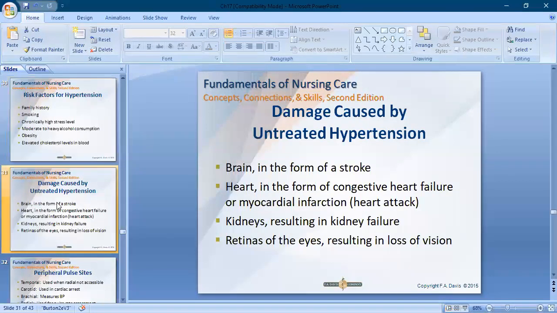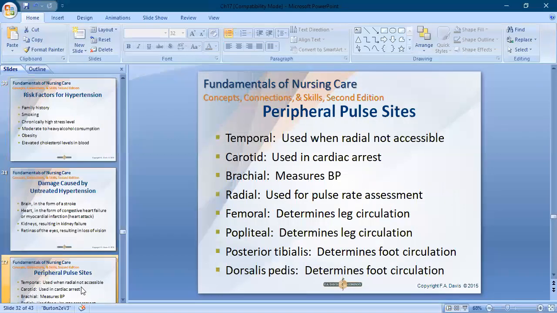Untreated hypertension causes brain damage, heart damage, or congestive heart failure. Kidney function fails, and it also has a bad effect on the retina of the eye, and the patient loses vision.